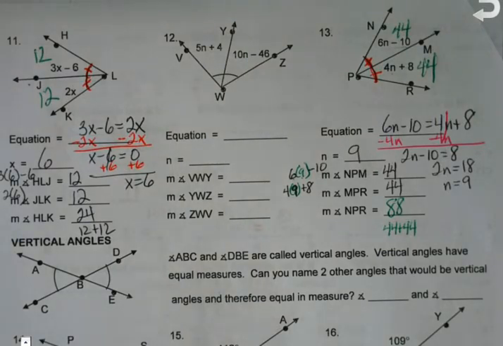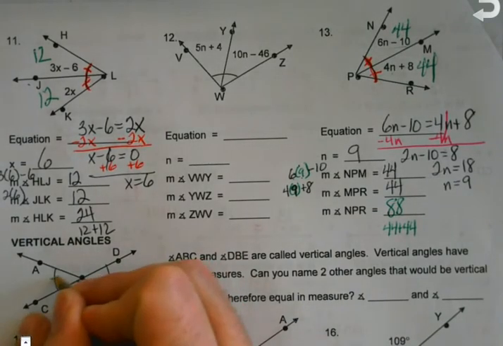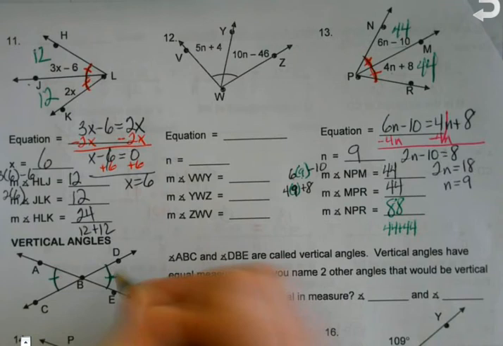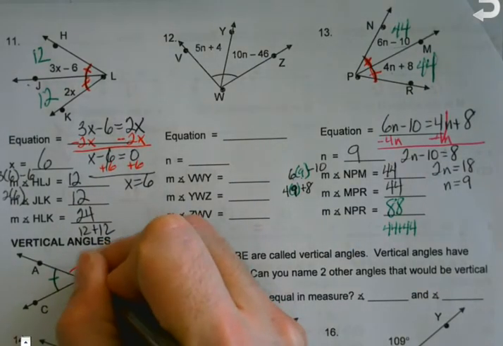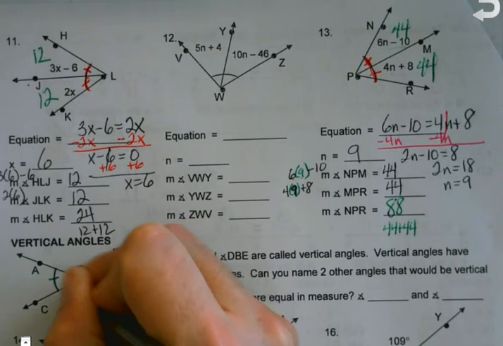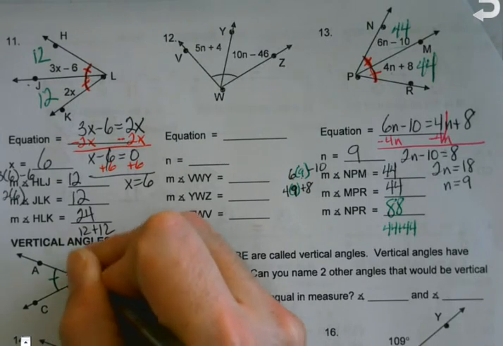We have what's called vertical angles. They're straight across from each other. And you'll notice with the markings, they're equal. So I can always set them equal to each other, just like when I'm having bisecting angles. Two other angles that would be vertical, to me, it looks like these two are straight across and they share a point.